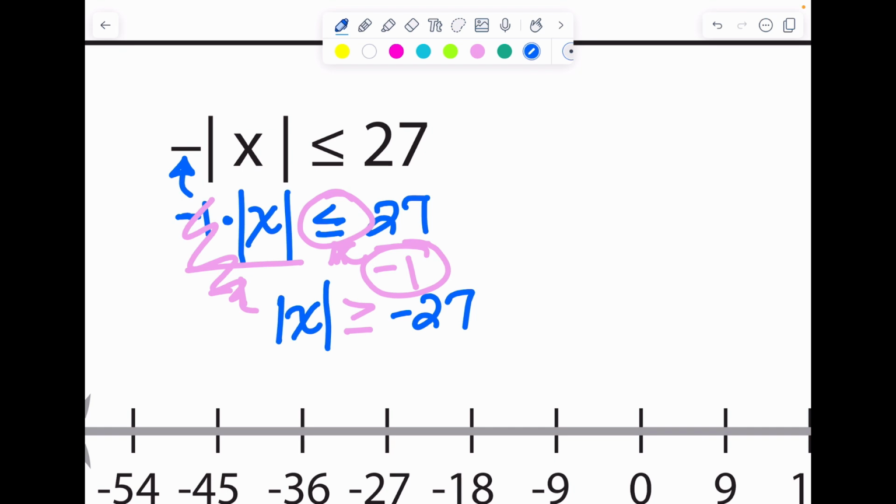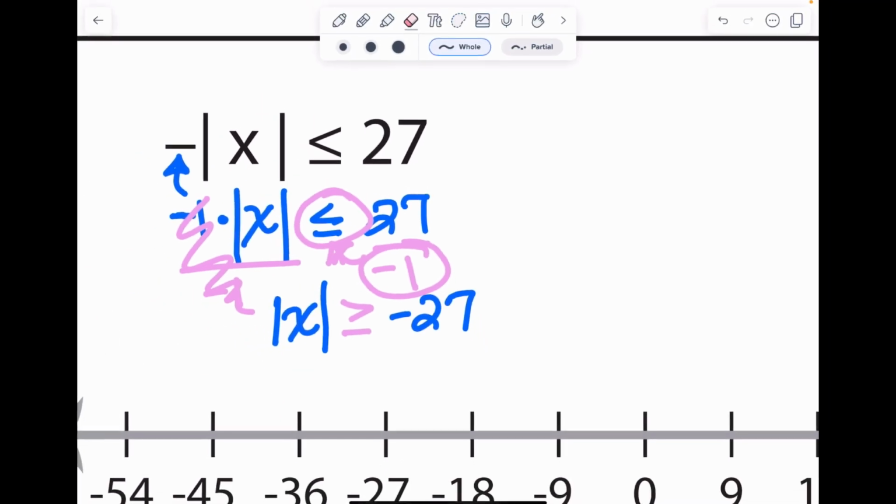This is one of our special situations. Since absolute value is always positive, and I'm comparing it to a negative number, it's greater than or equal to negative 27. Aren't all positive numbers greater than negative 27? So that means this one is going to be all real numbers.